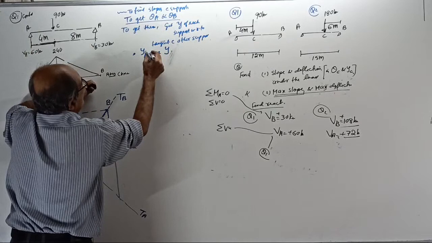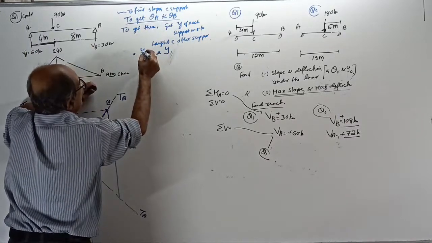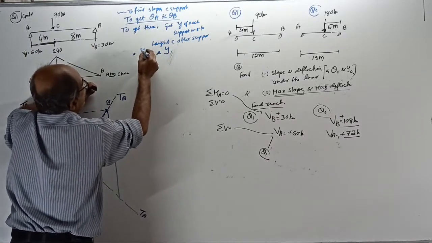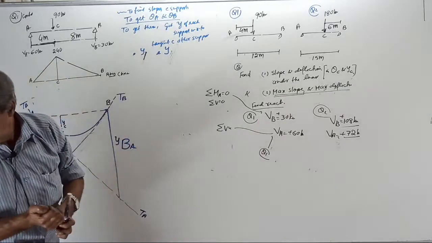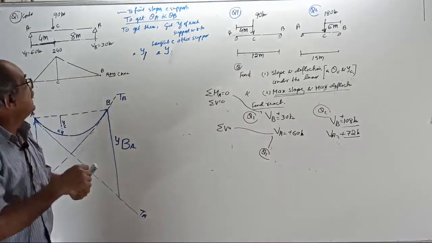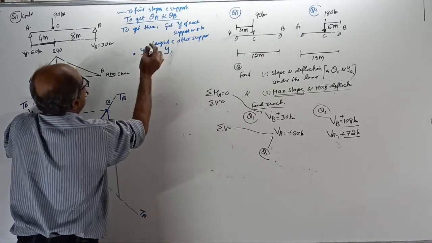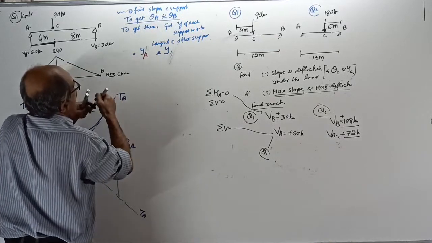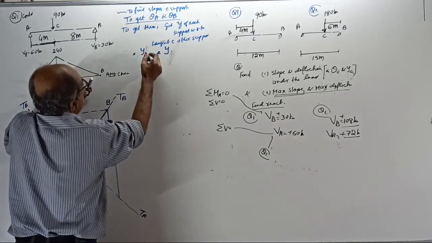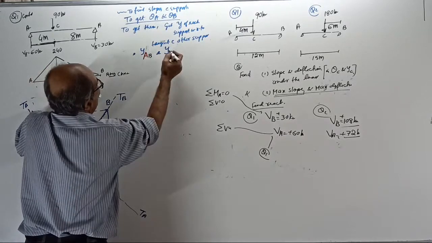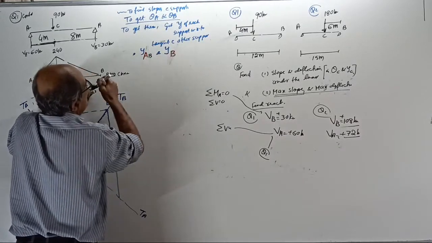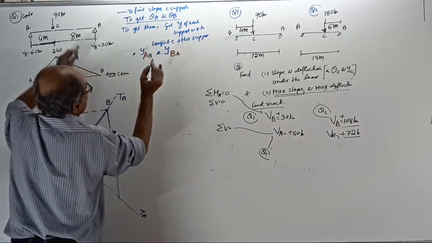B is in red color. Okay, I will put B in red color. Here, A is in red color. Okay, black color. Just to understand, I use red color for the first point. Y of A with respect to tangent at B and y of B with respect to tangent at A. Start.